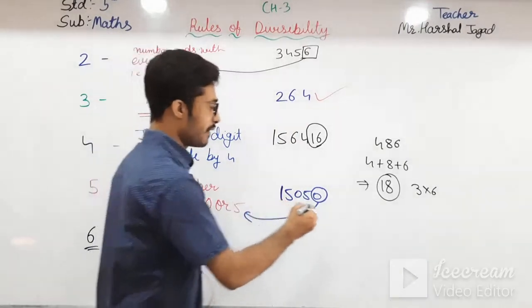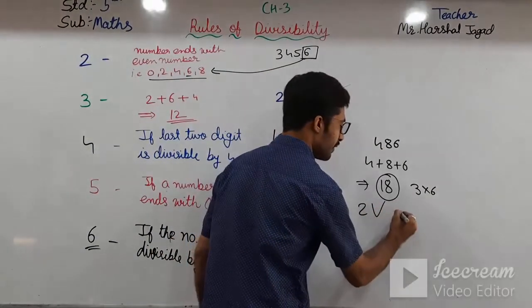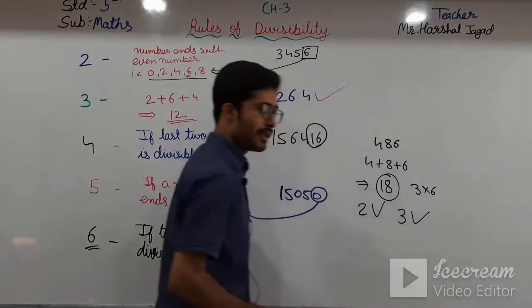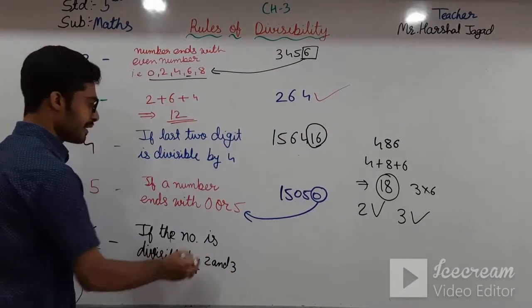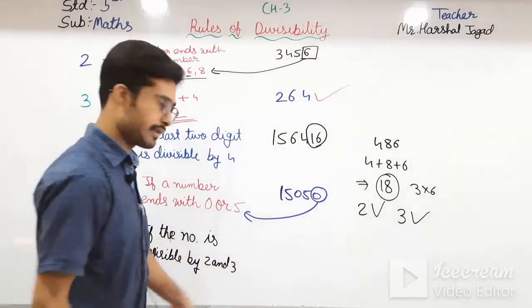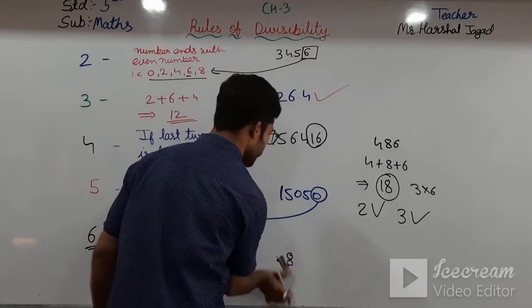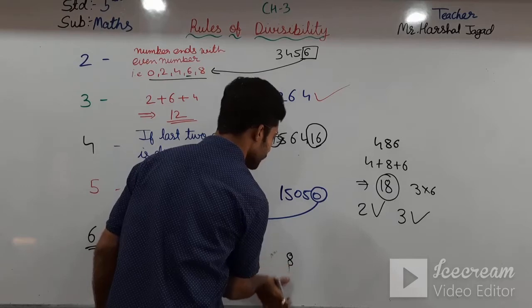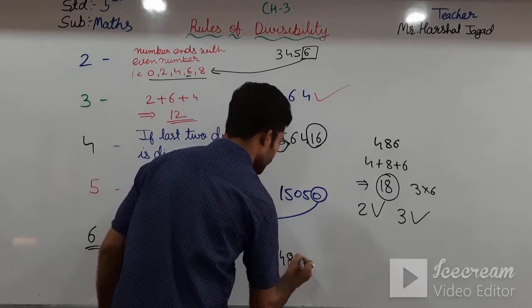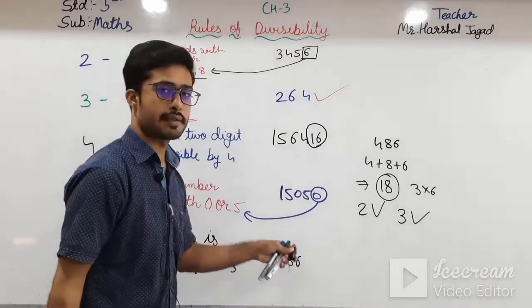So this number is divisible by 2 also, and it is divisible by 3 also. Then this number is divisible by 6.